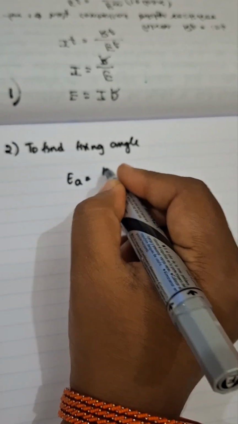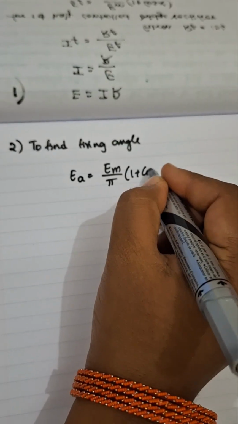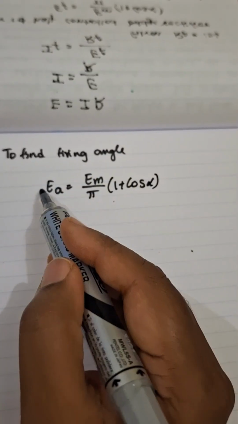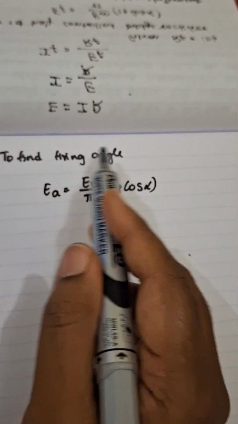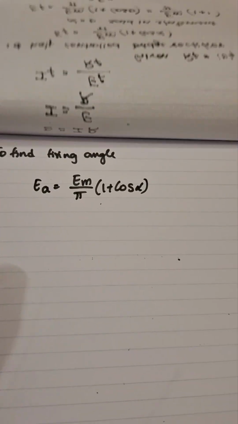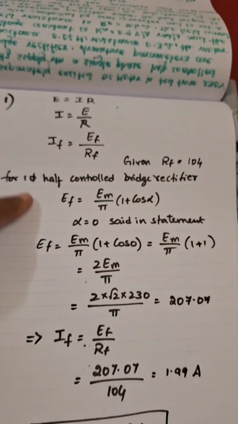So EA is equal to EM by pi into 1 plus cos alpha. I am finding it on the armature because the question is about finding the firing angle at the armature. Here for the field we used alpha equal to 0. This is the field side calculation.